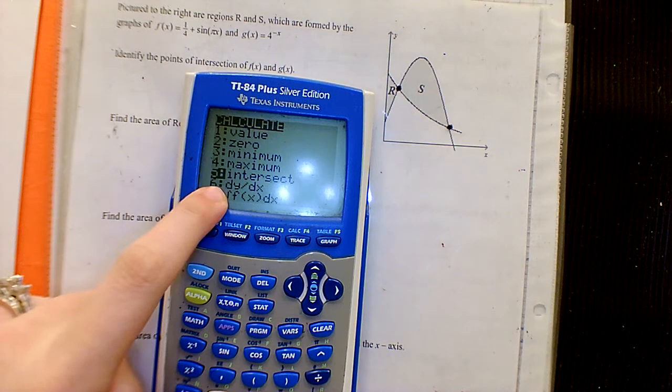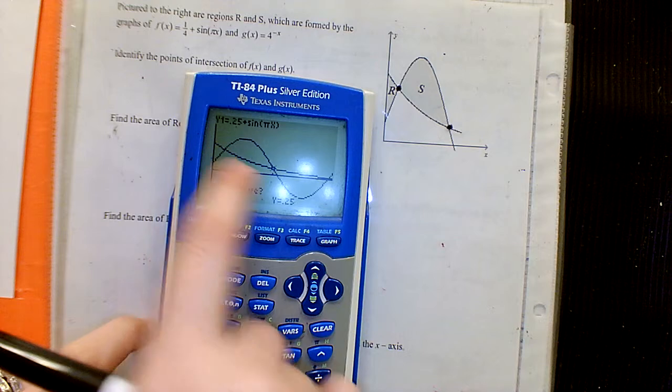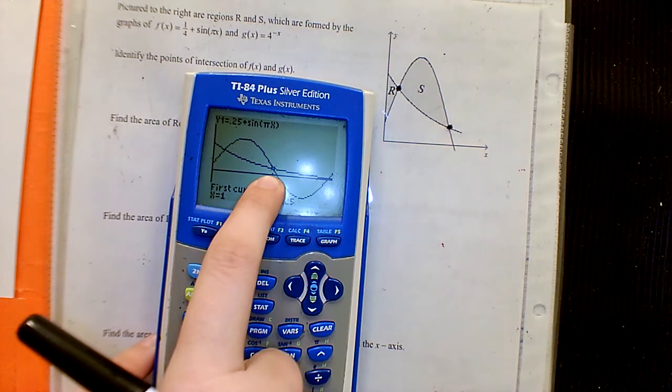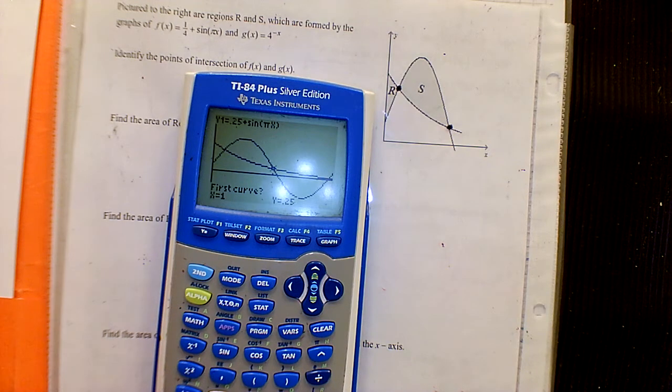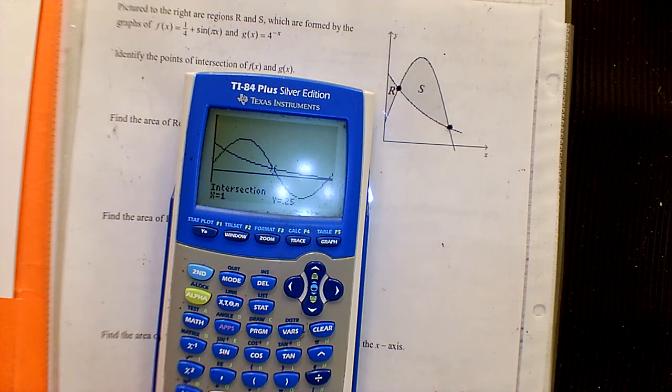And then intersect is number 5. We're going to go ahead and move the cursor to where we think it is, so it just depends on which one you want to find first. This one's pretty close to 1 already, so maybe I'll just keep it there. And you're going to hit enter 3 times. All right, so we get intersection of 1, comma, 1/4.